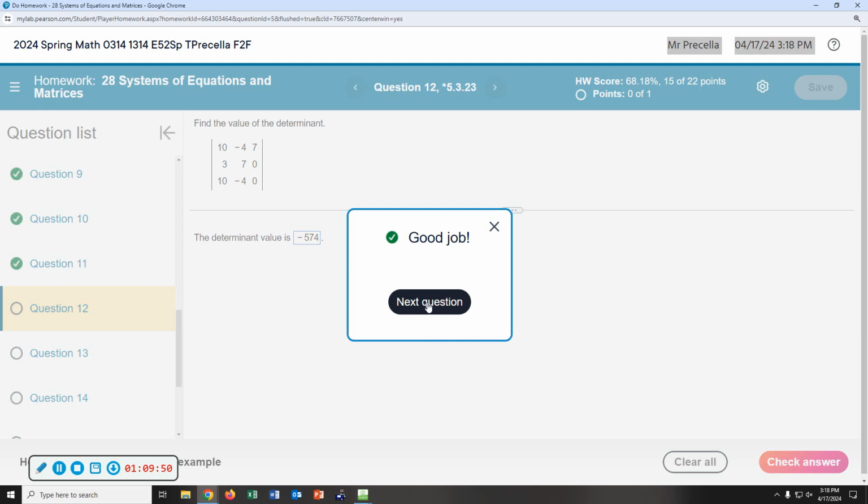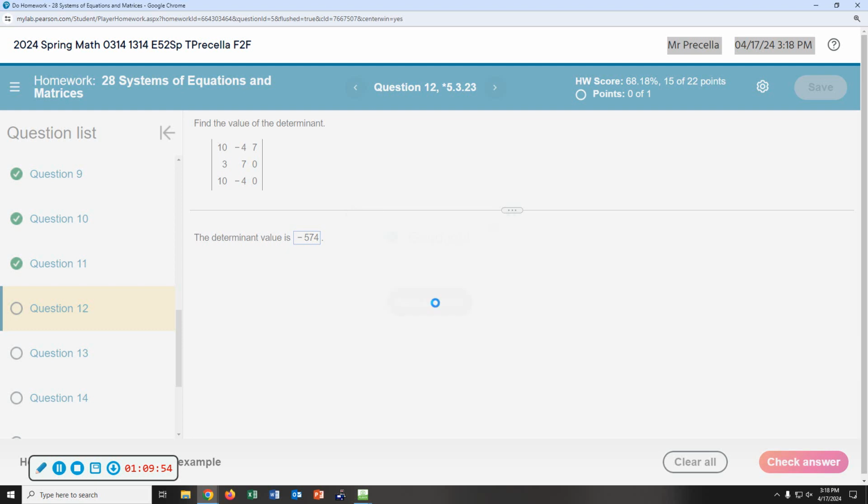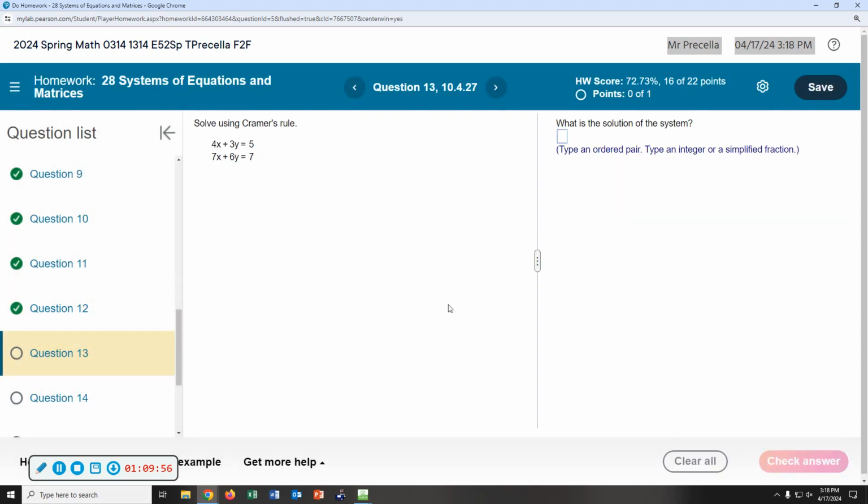Once again, this is something we could have done at the beginning of the semester. Okay, Cramer's rule. This is a third method. Instead of elimination and substitution, we're going to show you.